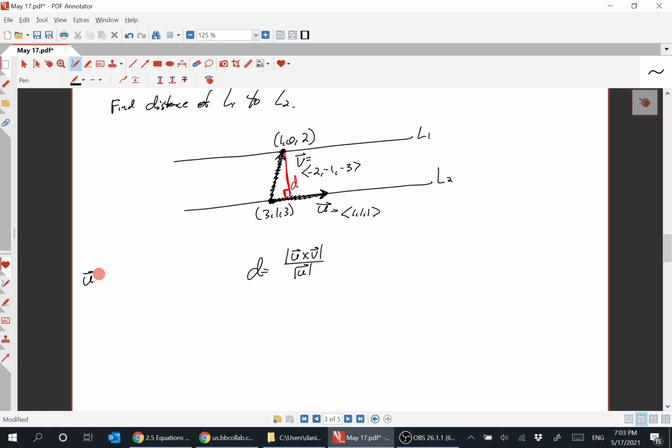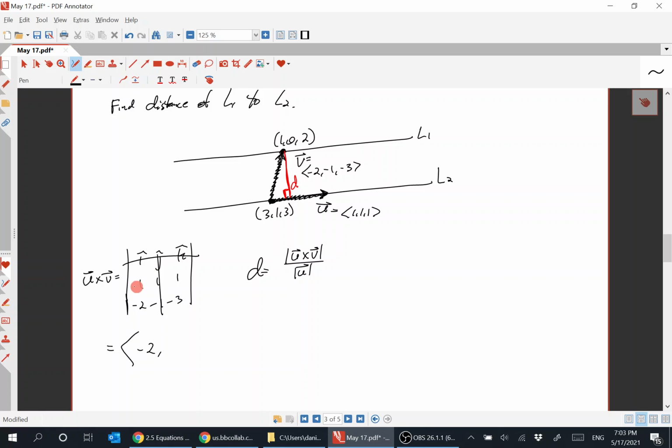So U cross V is equal to the determinant with I, J, K; 1, 1, 1; minus 2, minus 1, minus 1. So that cross product is minus 3 plus 1 is minus 2.